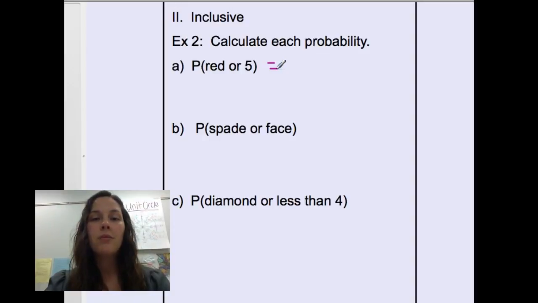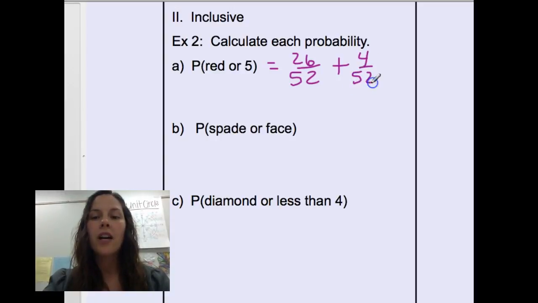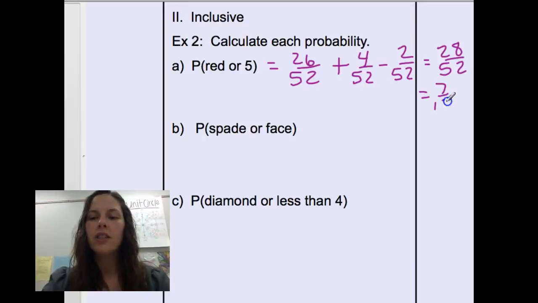Red cards: you have all of the 13 hearts plus the 13 diamonds for a total of 26 out of 52 cards that are red. 5s: you've got the hearts, diamonds, clubs, and spades, so there are 4 5s, but 2 of those 5s are red, the 5 of hearts and the 5 of diamonds. So we have a probability of 28 out of 52, dividing each by 4, we get 7/13.